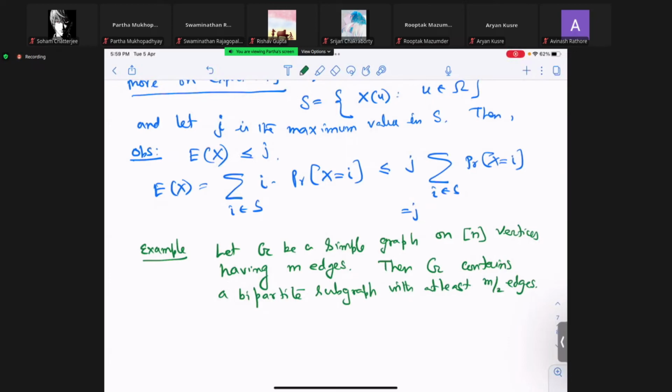Firstly, how many bipartite graphs can you construct from G? How do you construct a bipartite graph from G?